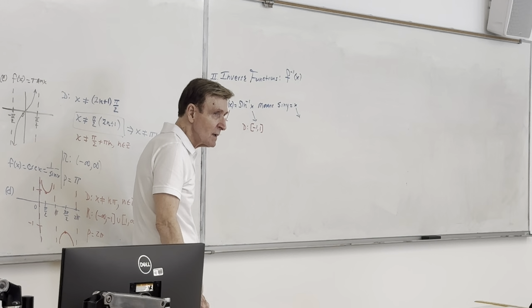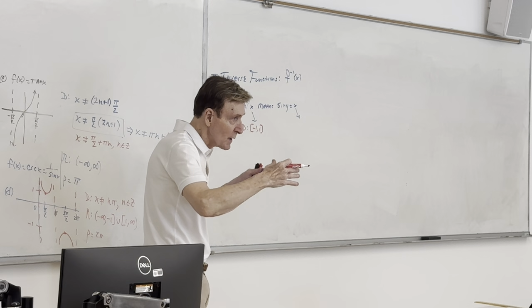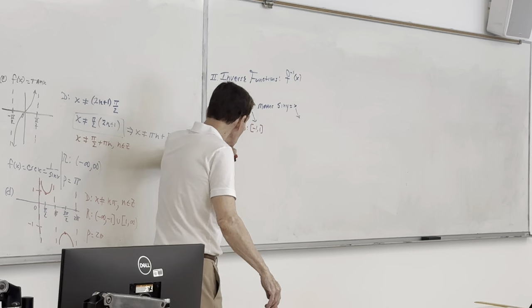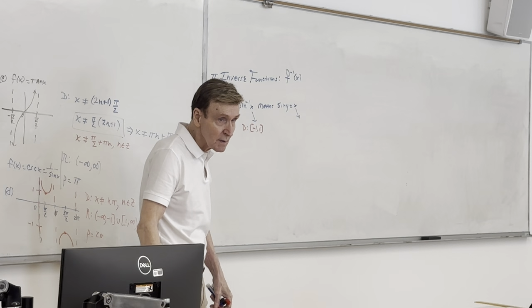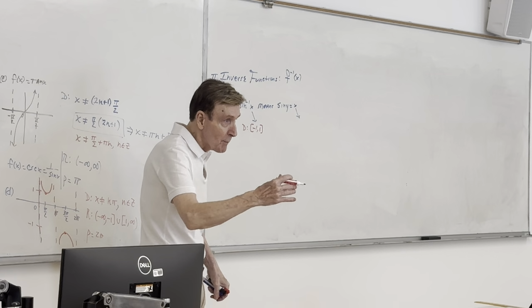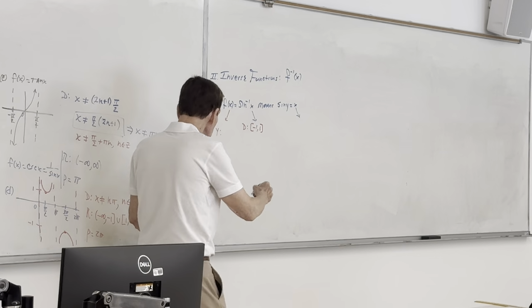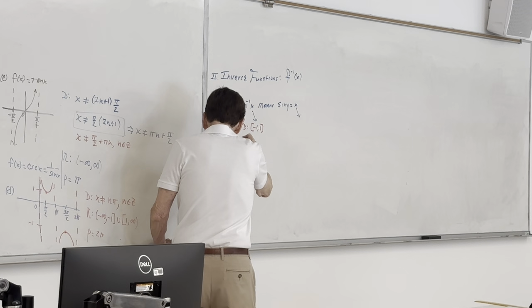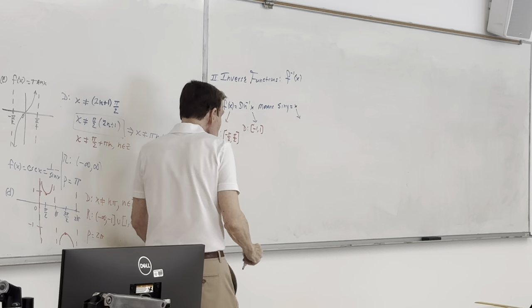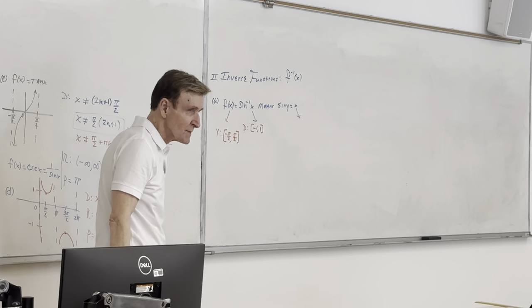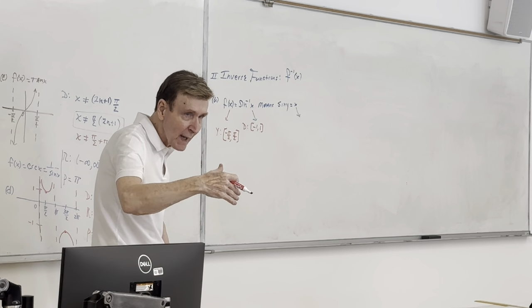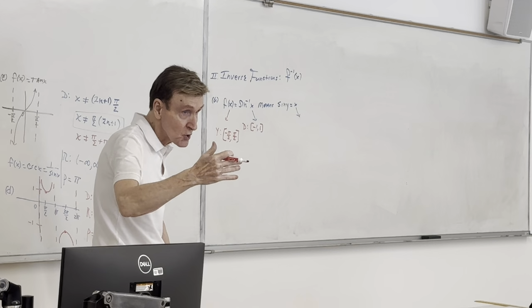The inverses were where they chopped off a piece of it to make it 1-to-1 and gave you the domain to be this, and the range came out to be something else. What was it? -pi/2 up to +pi/2. That's the trouble on these inverses. You have to memorize or know the domain and range, especially that range.